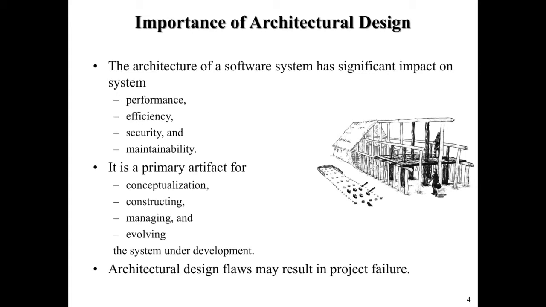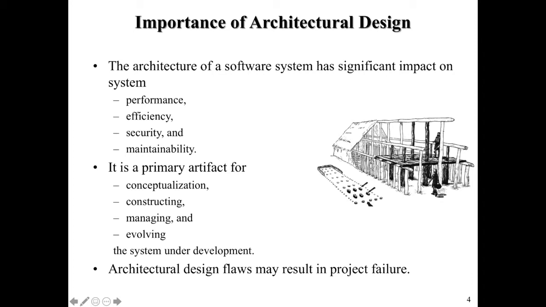The performance of your overall system really depends upon the architecture you choose: the efficiency of your system, security, and of course maintainability. These parameters are very important with respect to your choice of system architecture.